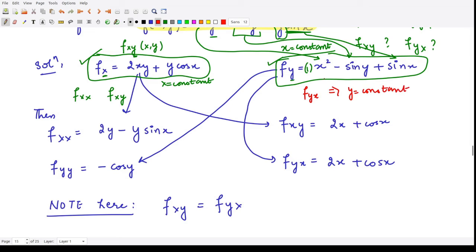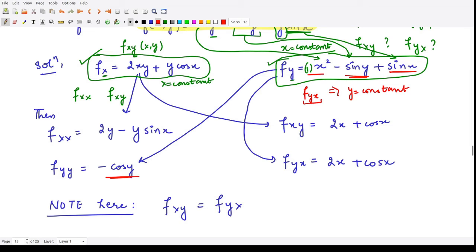When y is constant, the first term's derivative would be 0. Here we have minus sin y, and we have sin x. I'm sorry, we are calculating fyx, right?